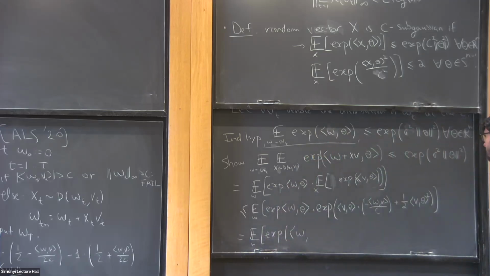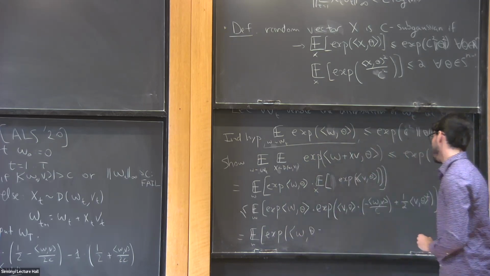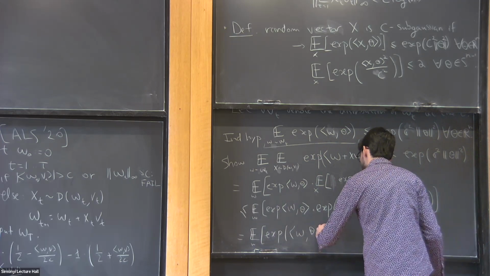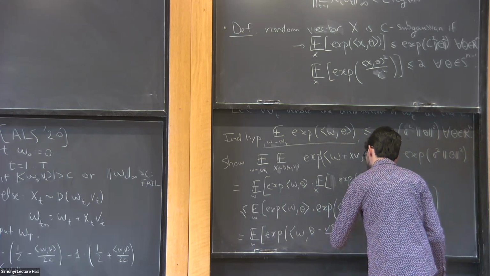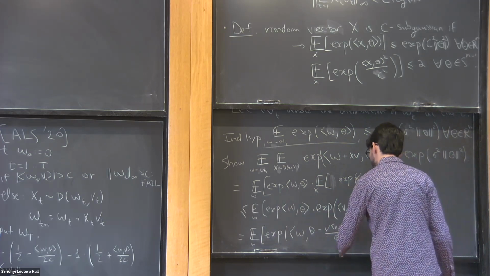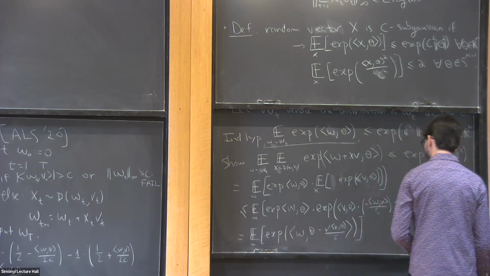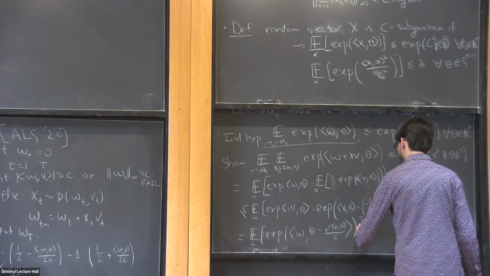So what do I have here? I have a theta, and then I have this minus W term. So it's going to be V times V dot theta over C. And then there's some remainder here.